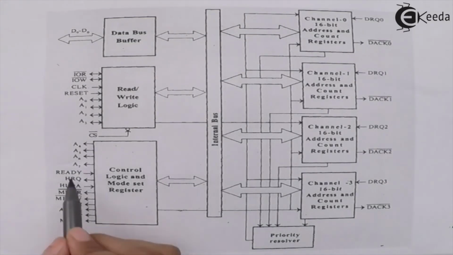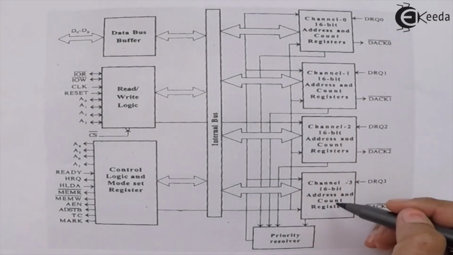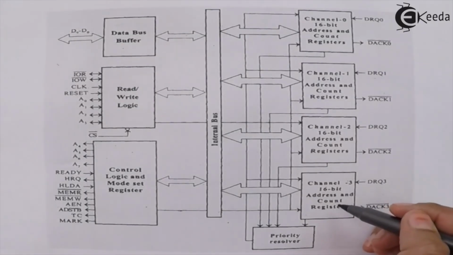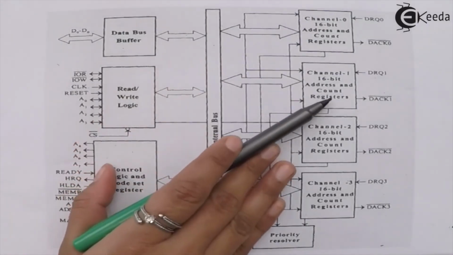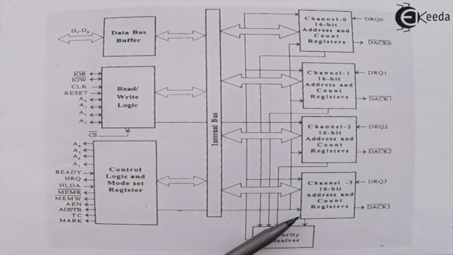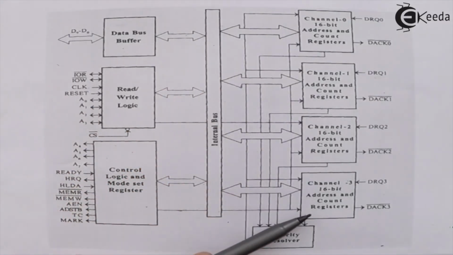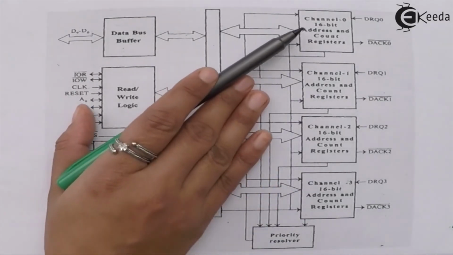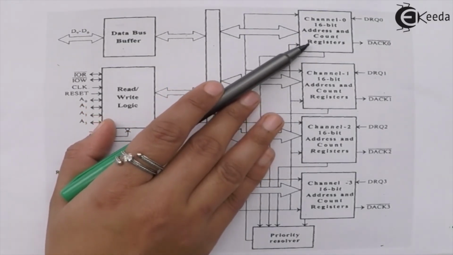These signals we have already studied in the pin diagram, along with their functions. Then these four are the 16-bit channels of the DMA controller: channel 0, channel 1, channel 2 and channel 3. These are the address and count registers of the channels, which describe the address of that channel and the count which is loaded into the channel.